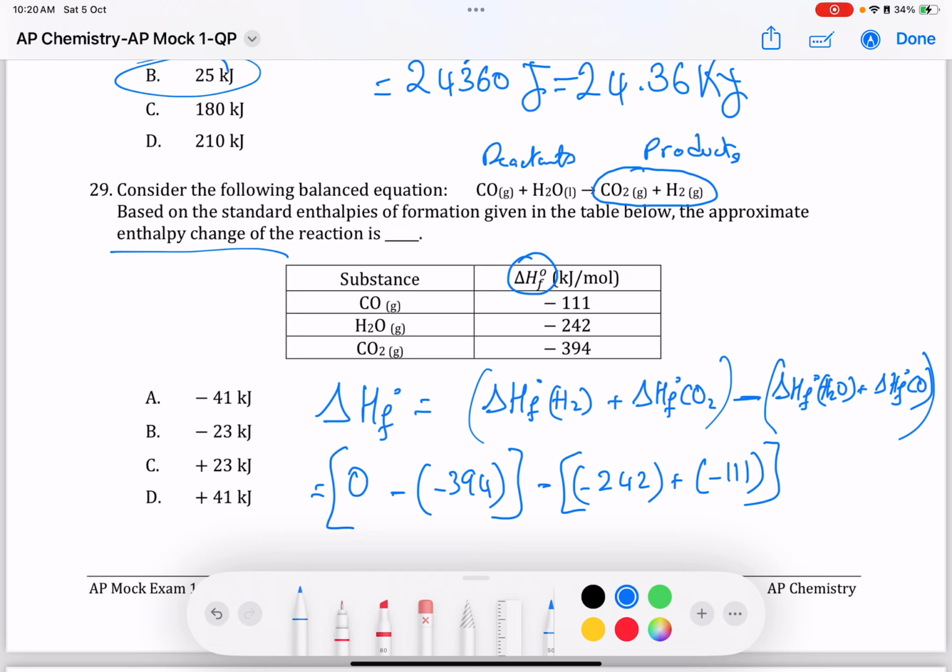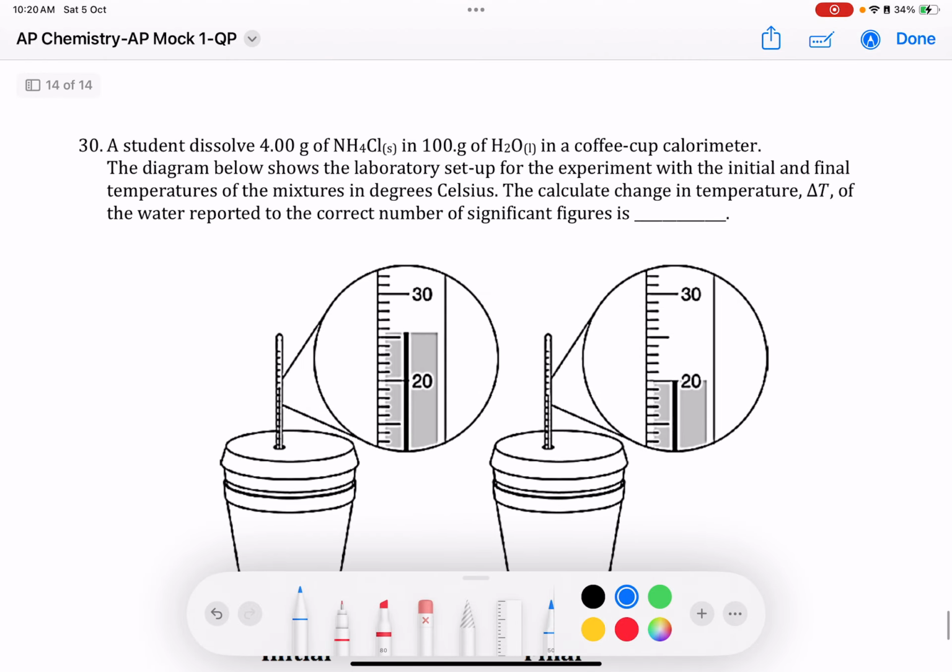So plugging this into our calculator, we obtain negative 41 kilojoules.